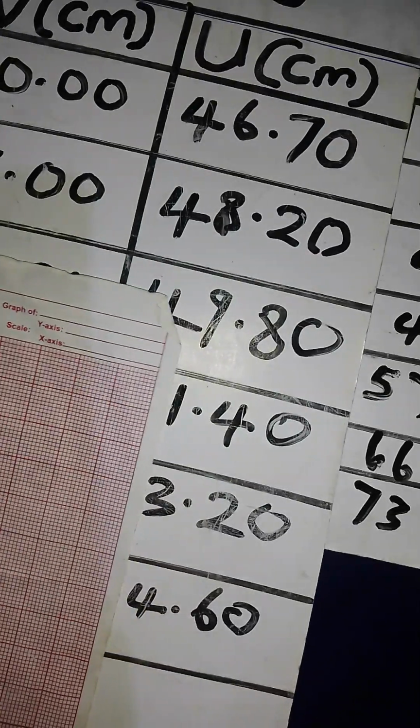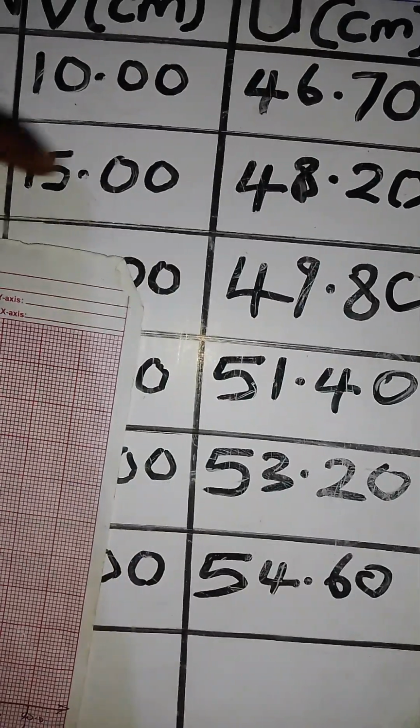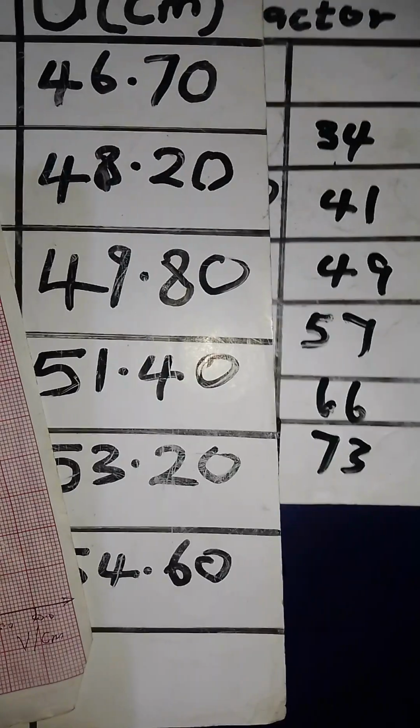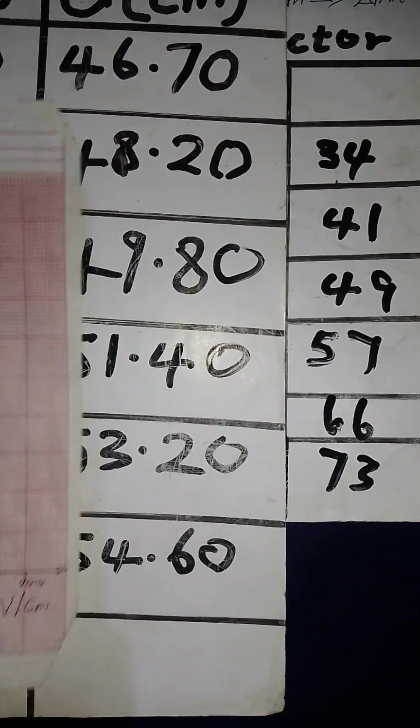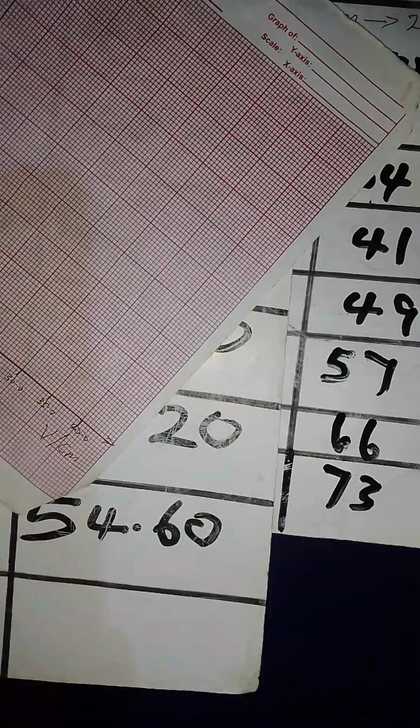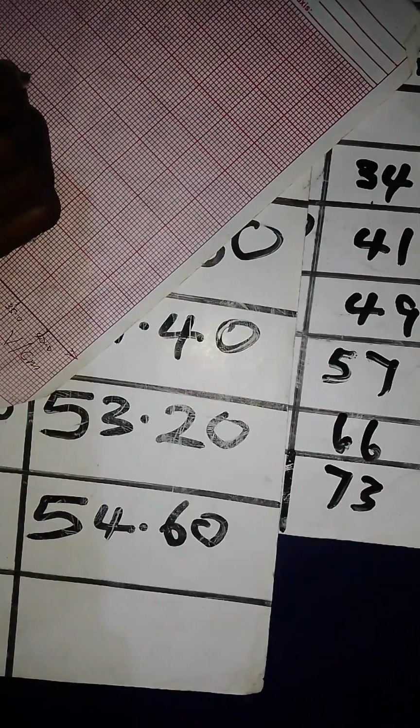The second plot, where we have 15, instead of plotting 48.2, we plot 41 units. That's what we are going to do throughout. So 15 is 41: 10, 20, 30, 40, 41.